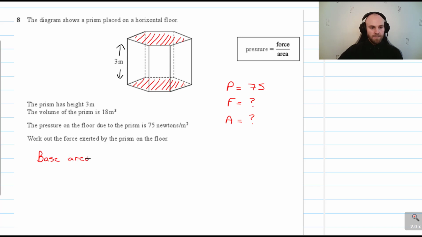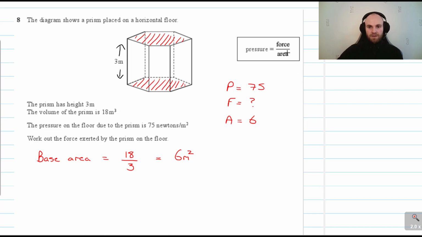So the base area is going to equal the volume, which is 18, divided by the height, which is 3, and that is going to give us 6 meters squared. So I'm just going to write that in now. I'm just going to delete this question mark because we do know what it is. It is going to be 6.